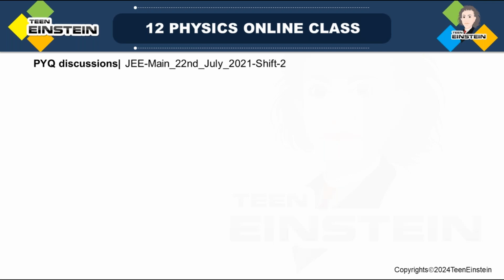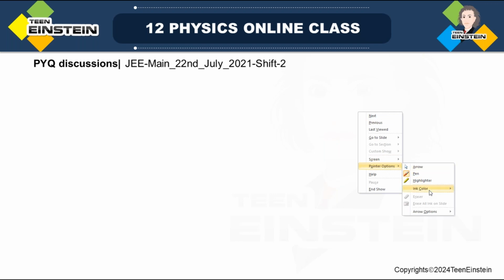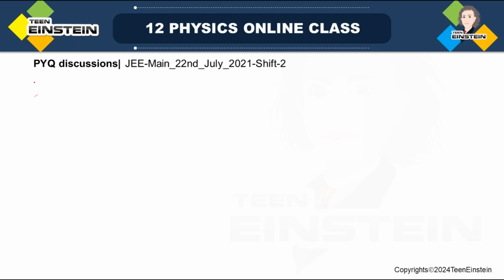So the question is, a bullet of 4 gram mass. Excuse me. Before I write, let me change the color of the ink. Question number 6.